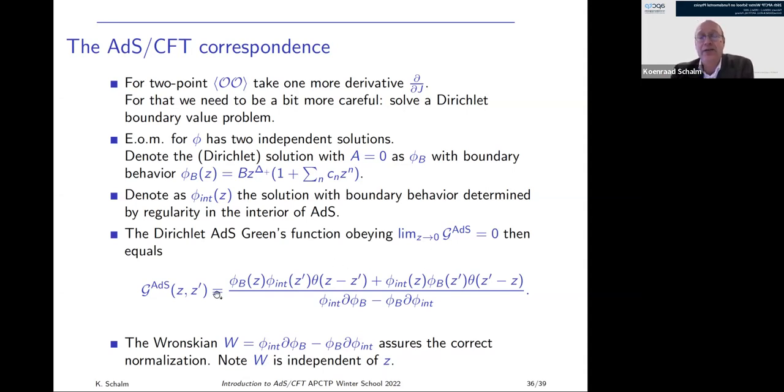And the ordinary way you construct the Green's function is you take 2 solutions to the equations of motion, right? And you multiply them by a theta function, and then you take the opposite order and multiply them by the opposite theta function.